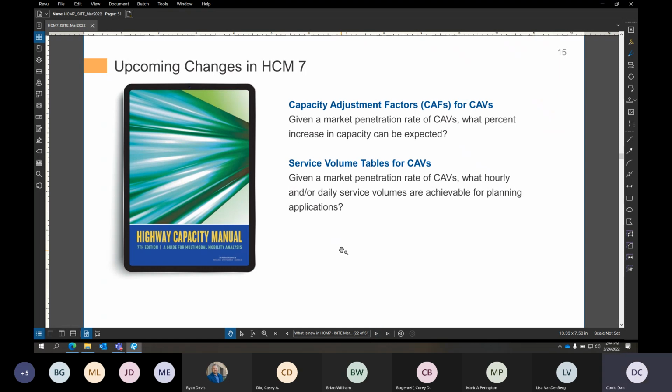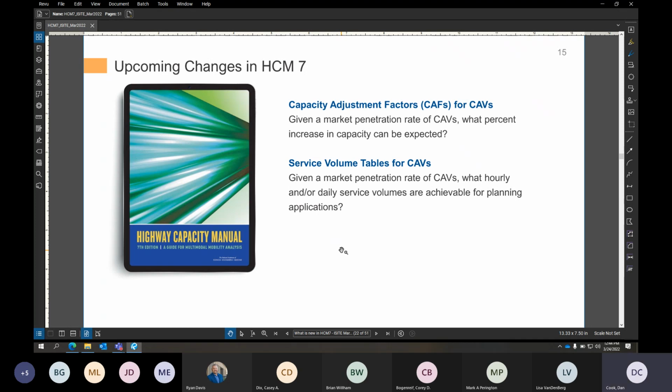But I think I've already kind of spilled the beans on this. What we're talking about here is what effect CAVs have on capacity, and those are then brought into the procedure as capacity adjustment factors as a function of market penetration rate. Market penetration rate is a term we use when we're talking about what percentage of the vehicles out there are CAVs.